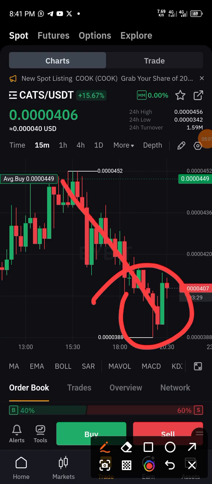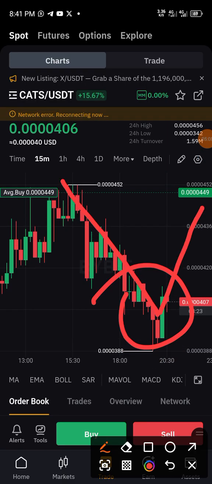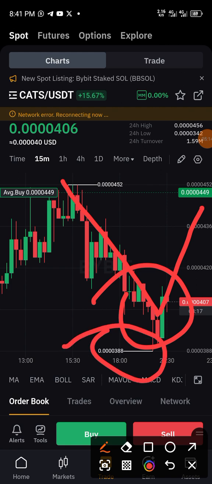I'm still patient, and in a short time, by God's grace, it's going to go towards my predictions, because you can see how low it has gone here, which is 388, and currently it's 406.